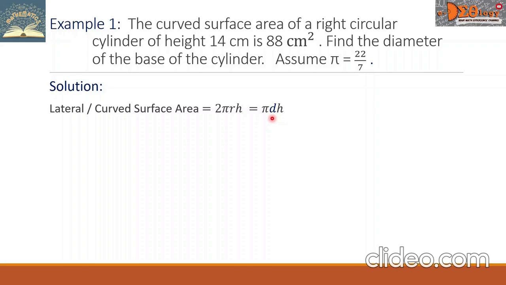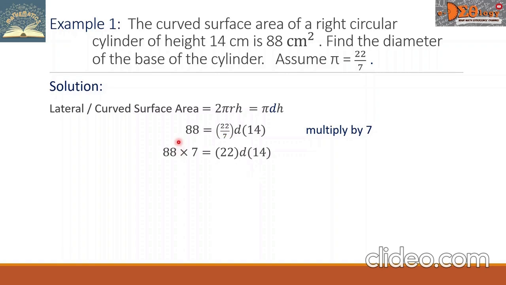Now let us substitute the corresponding values. The area is given as 88 square centimeters equals pi is 22/7. D we write here and that is what we want. H is the 14 centimeters. Now let us multiply this equation by 7 so that the denominator 7 goes to the left side.